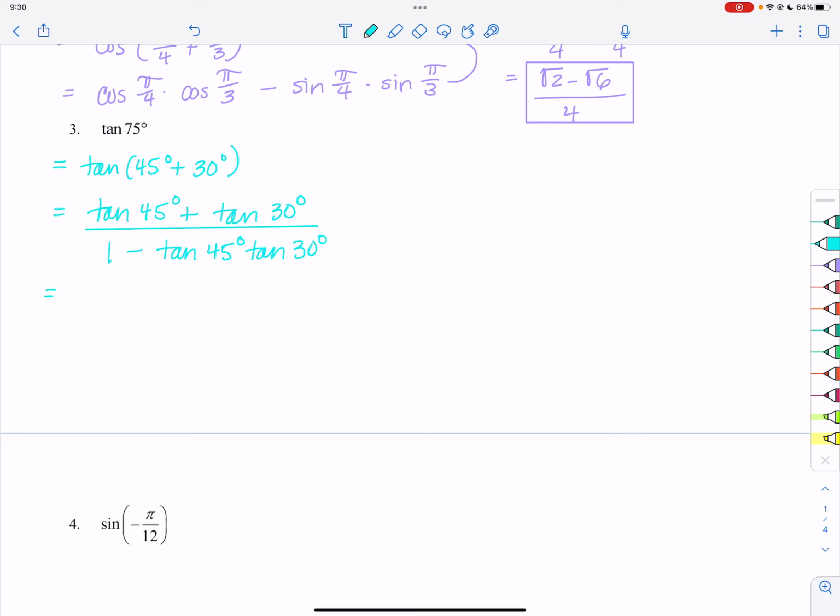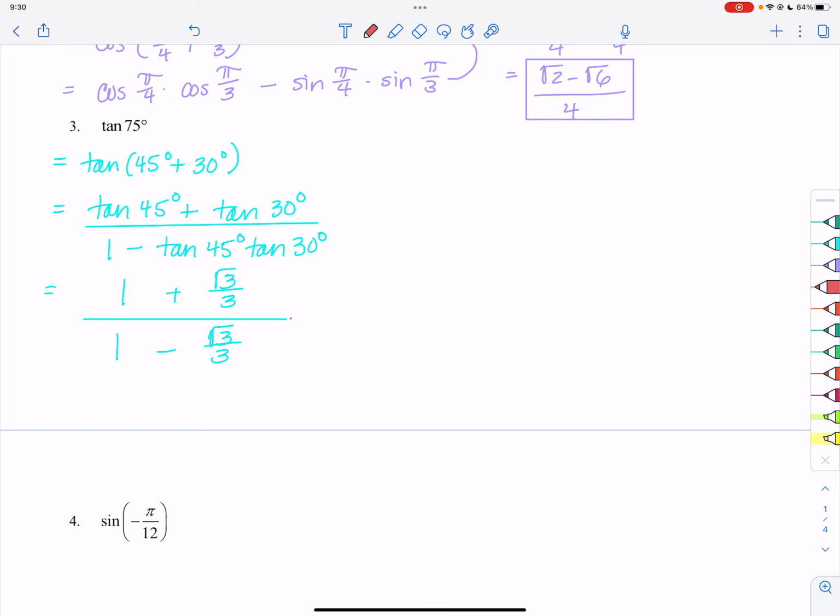Okay, so now the tangent of 45, of course, is 1. And then we have root 3 over 3 for the tangent of 30 degrees. And then we have 1 minus root 3 over 3 for that denominator. Now that's a complex fraction, and we'll go ahead and multiply the numerator and the denominator by 3.